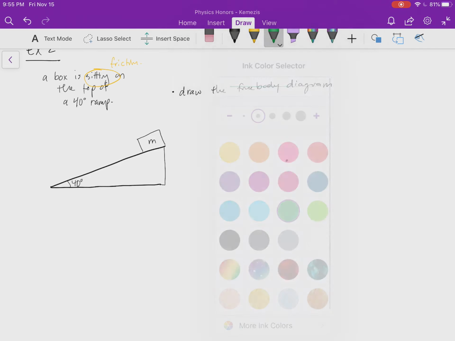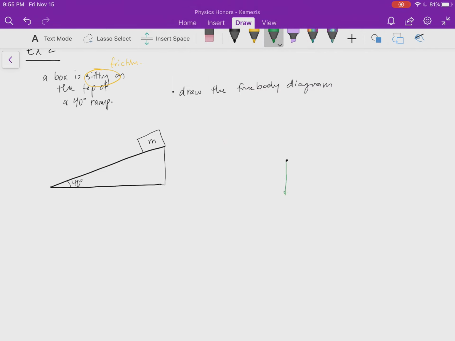Remember, our mg always goes straight down to the center of the earth. And we're going like this, mg. And what we are changing now is we do have a normal force because it is on a surface, but remember the normal force is perpendicular to the surface.